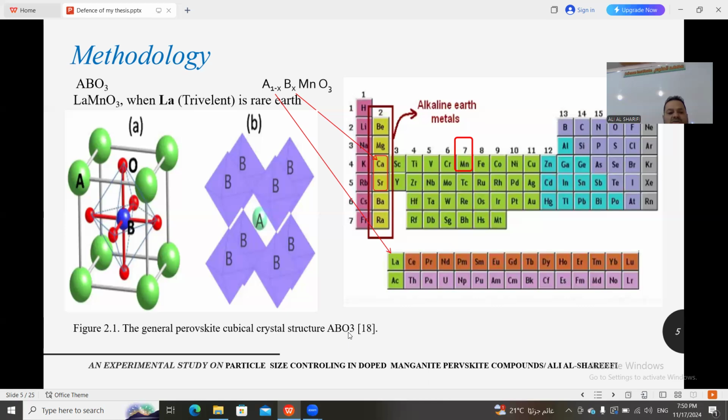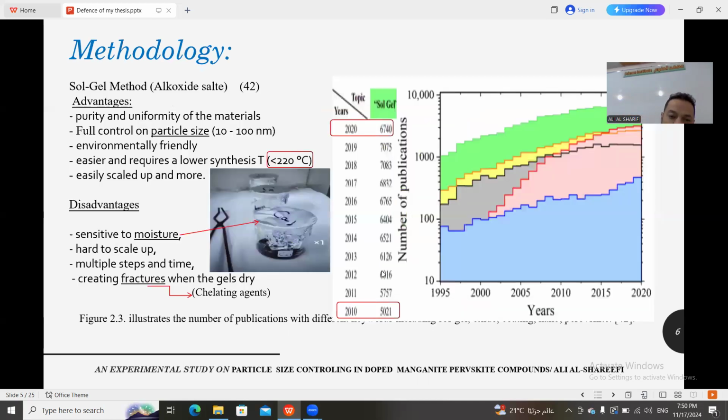Lattice parameters will change a little bit, all of them or one of them. Here lanthanum is one of the rare earth elements. The doping element, calcium or strontium, belongs to the alkaline earth metals.